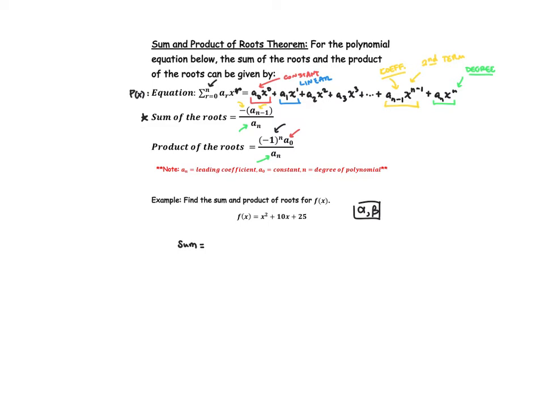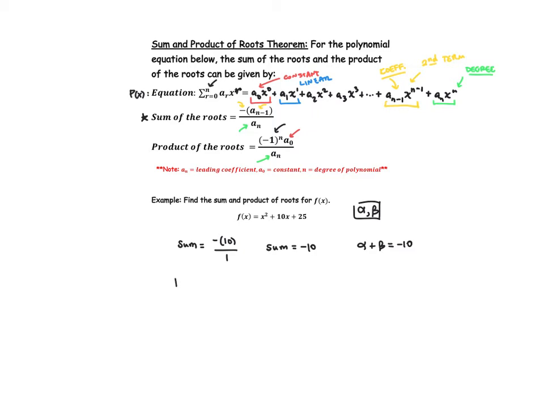So that'll be the opposite of 10 over the leading coefficient, which will be 1. So the sum of the 2 zeros, or roots, is going to be -10. So I know alpha plus beta is equal to -10.